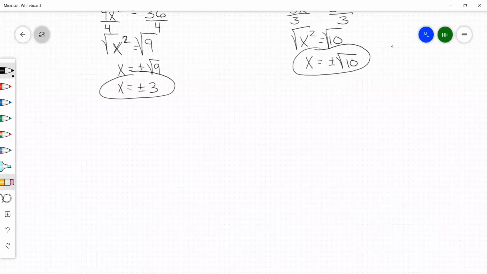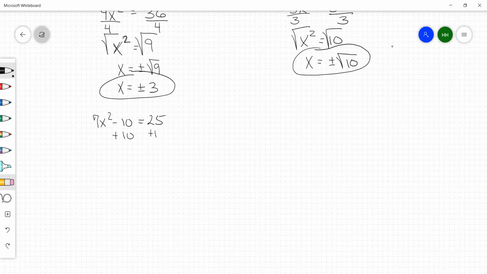Obviously, it's a little simpler than factoring. 7x squared minus 10 equals 25. You can add 10 to each side. So your 7x squared would equal 35. You can divide each side by 7.